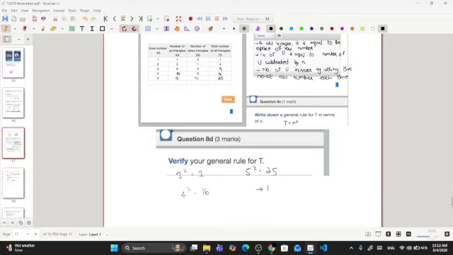So you can write, hence, my values are verified since they are the same as that in the table.